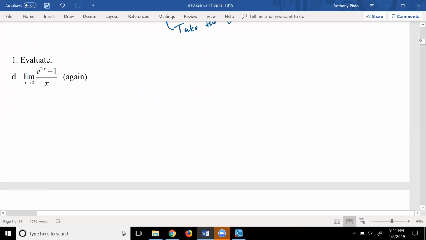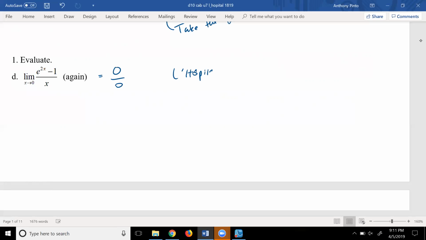D again. So it's the limit as x approaches 0 of e to the 2x minus 1 over x. And we already saw that it equals 0 over 0, indeterminate form. So we know that L'Hopital's applies.